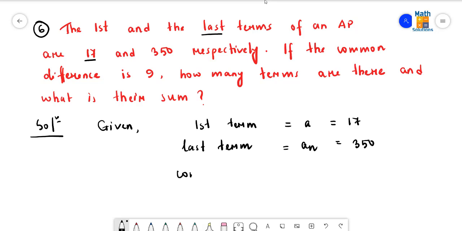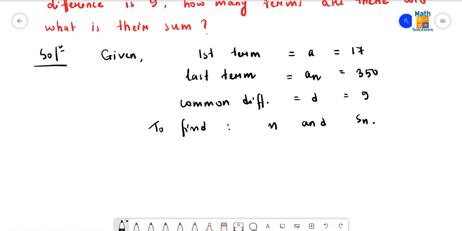Common difference is given to be, that is d equals 9. To find out what is the number of terms, that is n, and their sum, that is Sn. So let us come to the solution part.